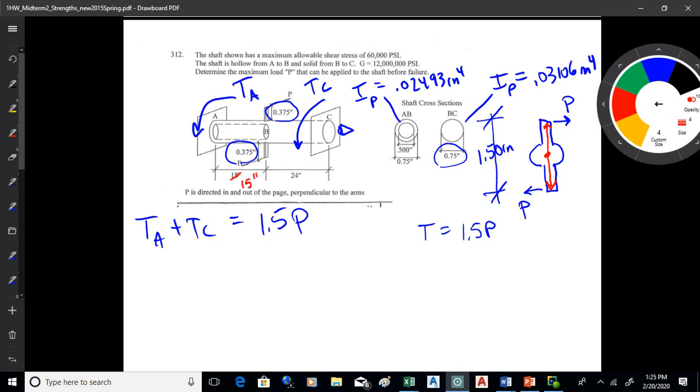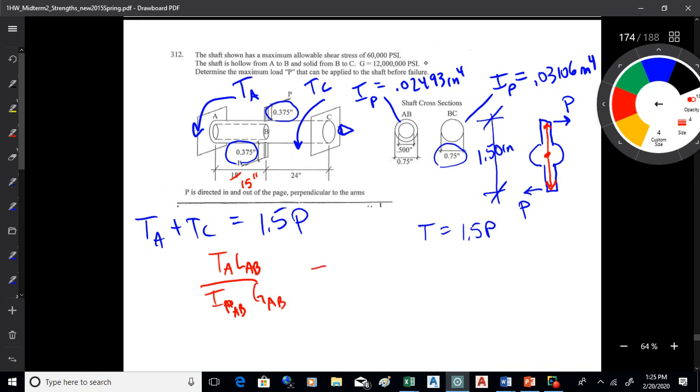All right, so now the next thing to do is to look at a couple different things here. The next thing I would do is I would say that T_A times L_AB over I_P for AB over G_AB is going to equal the torsion at C times L_BC, or actually maybe more properly CB, over I_P CB and G_CB, okay?